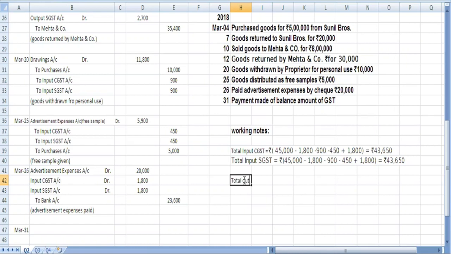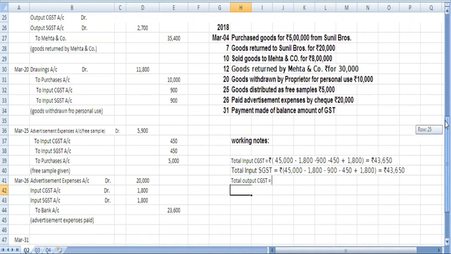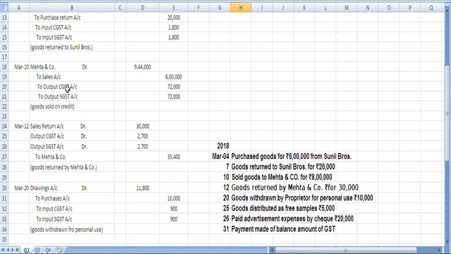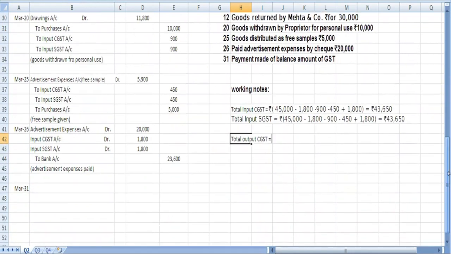Now next we will take out the total of output CGST. Here, whatever was credited along with the sale, that we will add, and whatever is debited we will minus. It is opposite of input CGST and input SGST.